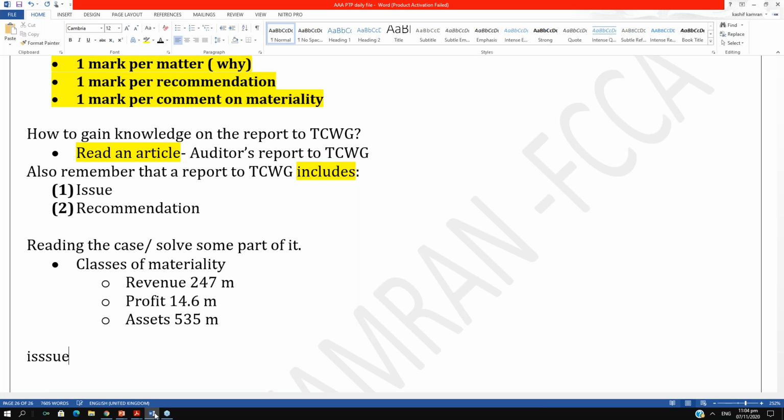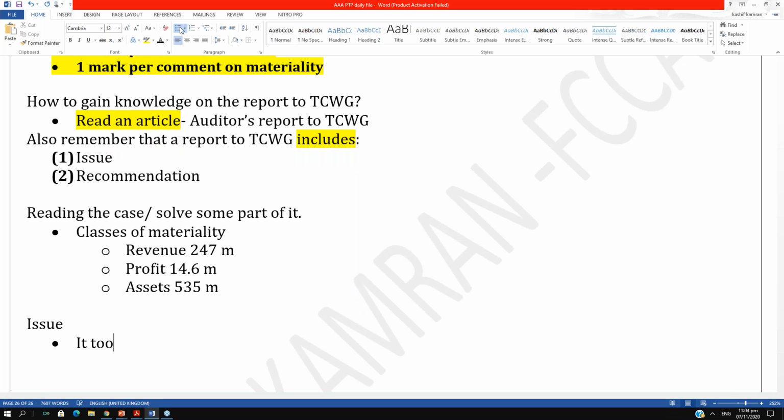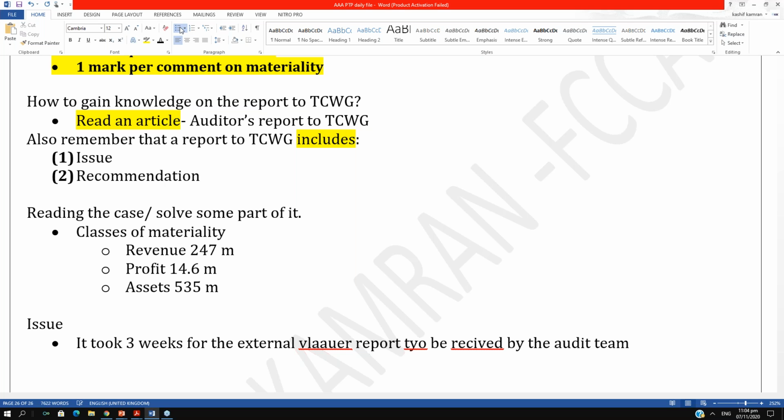The first issue is it took 3 weeks for the external valuer report to be received by the audit team.